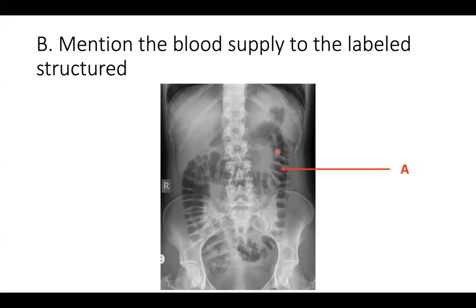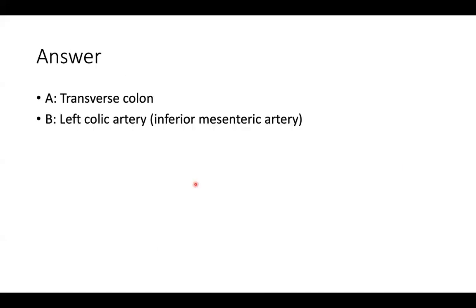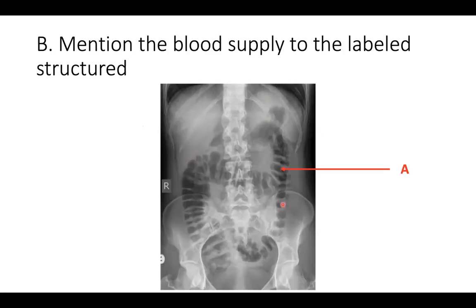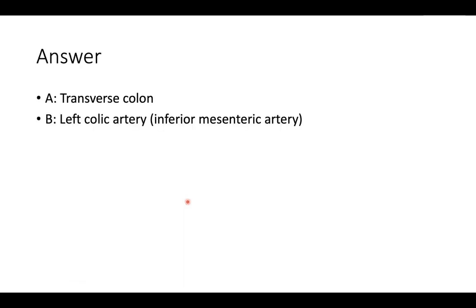They don't really take that much space, and so the bowels actually extend quite high, and they're connected to the spleen here. So this is your descending, your transverse, and your ascending. And the left colic artery or the inferior mesenteric artery supplies the descending colon, as I previously mentioned. And your SMA supplies the ascending colon and part of the transverse colon.